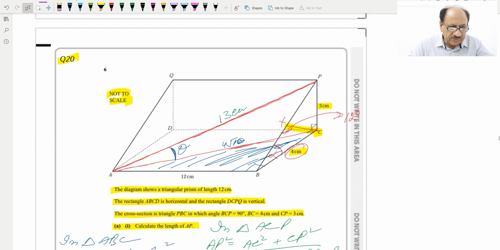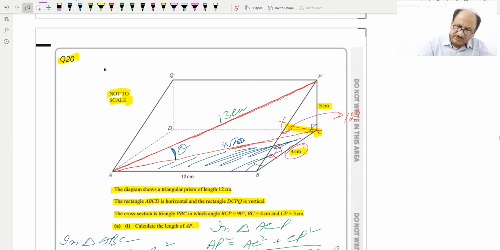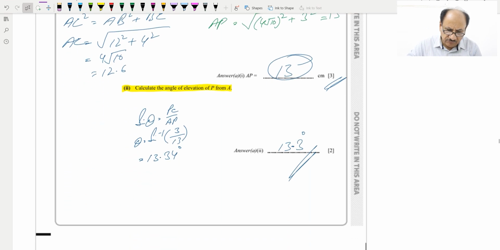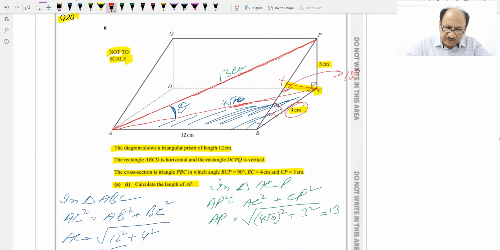We have not yet found that angle, so we can use the alpha angle we found just now. By using this angle, 36.9, we can apply the sine rule. This alpha is 36.9 degrees. Now we can use the sine rule.